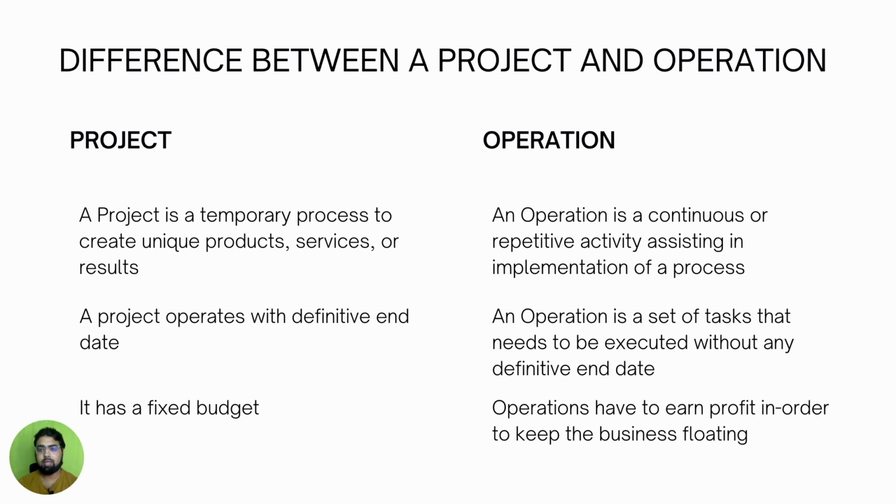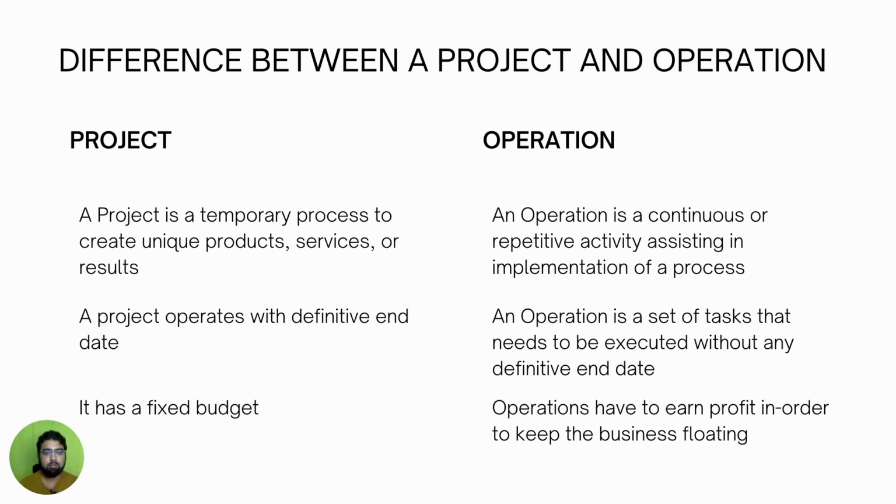I want you to think of the below example. Project. Let's take an example for that. Building a website for a client. Operation. An IT service management work. Now let's look into the definition that is being provided there.